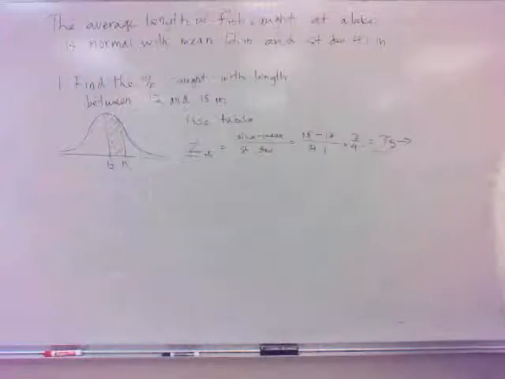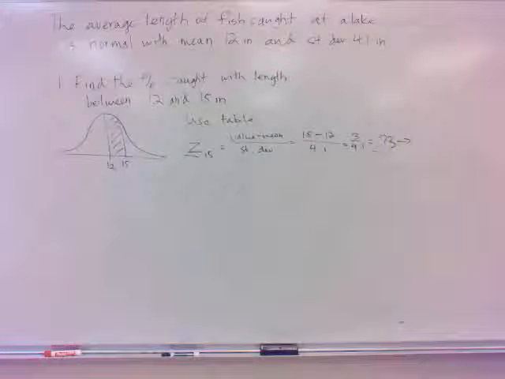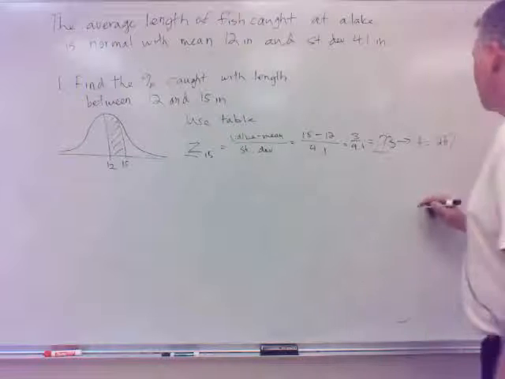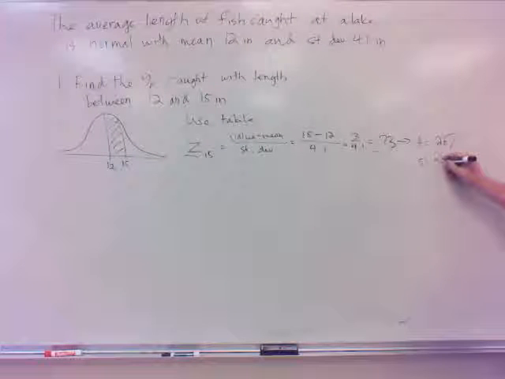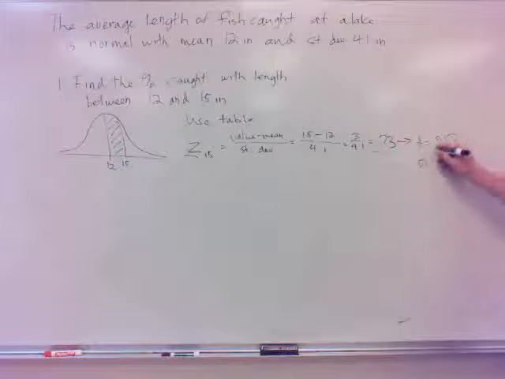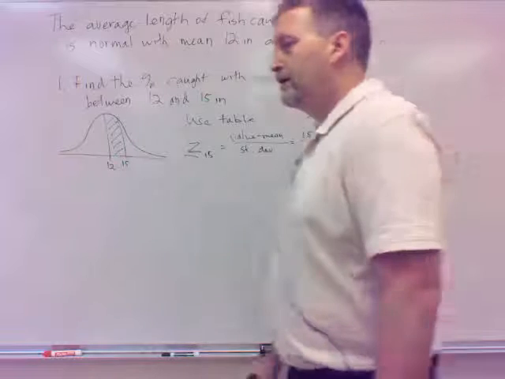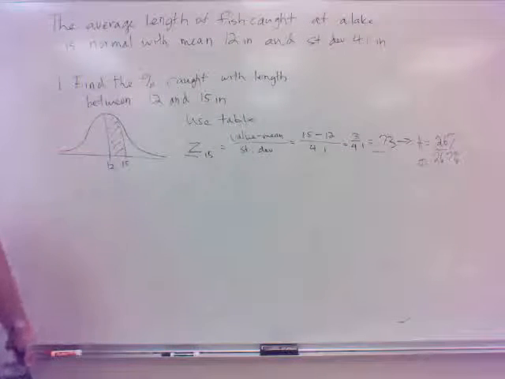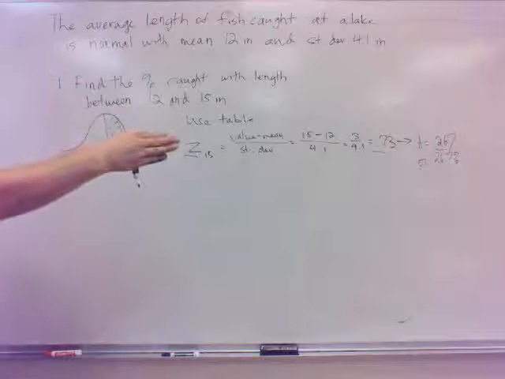What do you see on the table for the z-score of 0.73, the A? It's 0.267. The A that goes with that is 0.267, or 26.7% if we convert it to percent, 2 places over. Now, make sure we understand what that gives me.